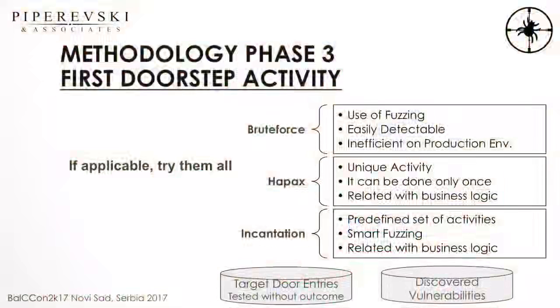So from this phase 3, we built two databases. One is discovered vulnerabilities, if we discover some vulnerability doing these activities, and the second is target door entries tested without outcome, where there is nothing happening, no discovery, no finding.